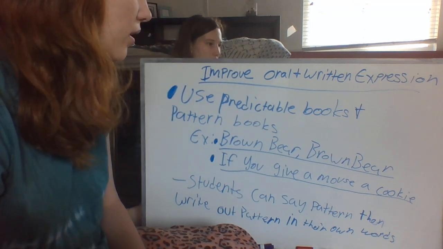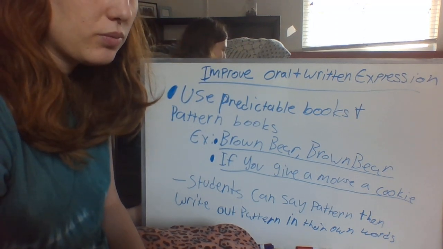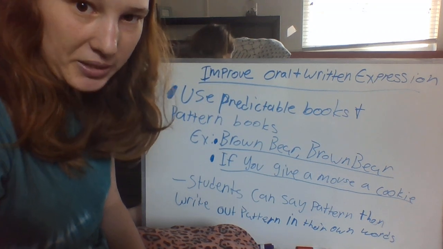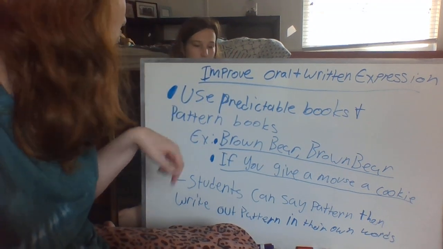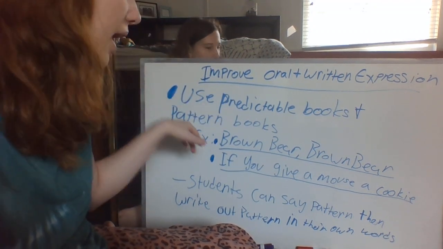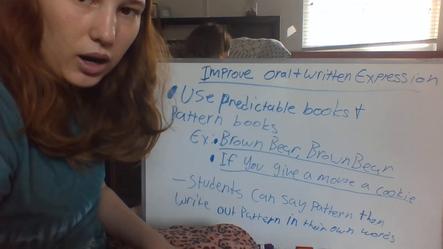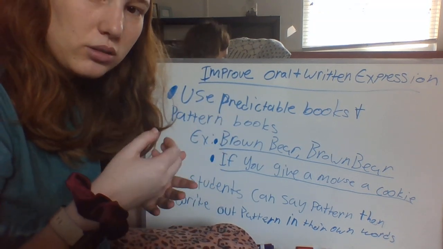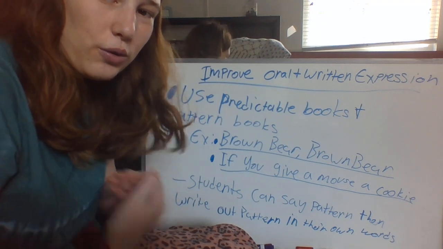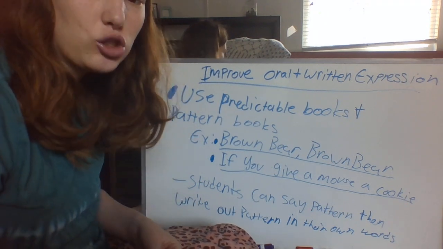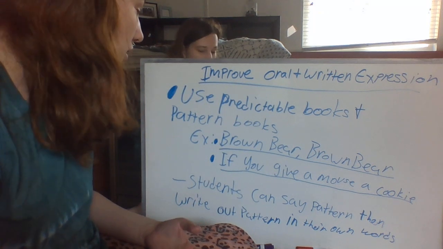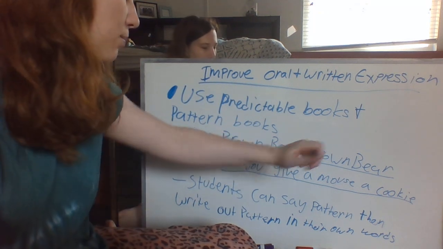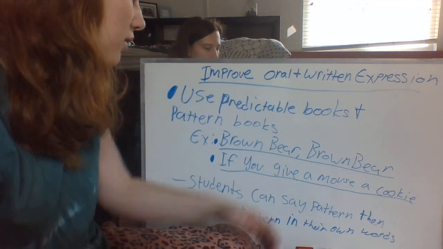I think one great example that my teacher gave us was using predictable books and pattern books. These books have the same pattern going over and over throughout the entire story. You might see books like Brown Bear, or If You Give a Mouse a Cookie.